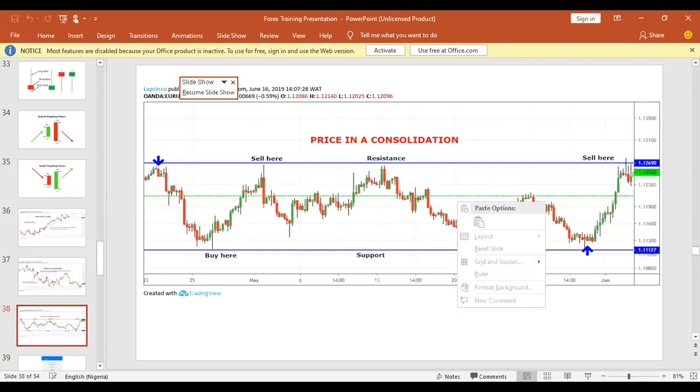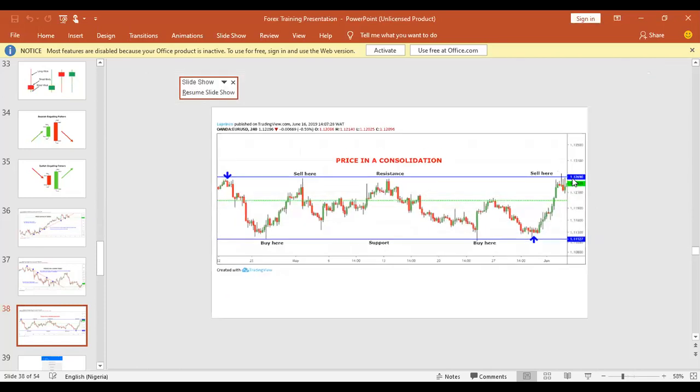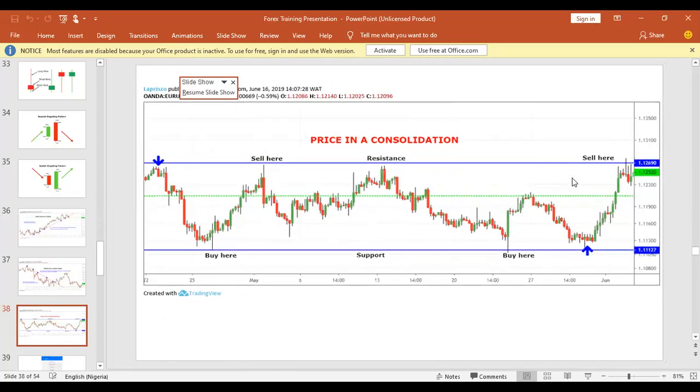So this is called a ranging market, or market in consolidation mode.